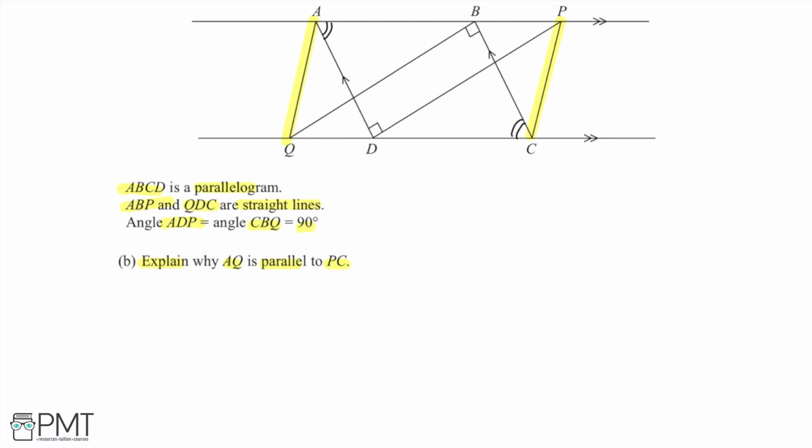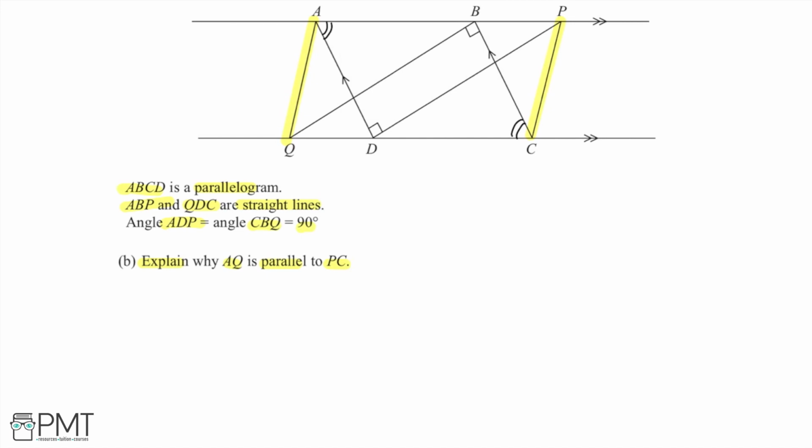Now looking at AQ and PC, if we were to take this shape APCQ, linking these two sides that we're interested in together, if we could prove that this were a parallelogram, we'd be able to show that these two sides are in fact parallel, which is what we want to explain.